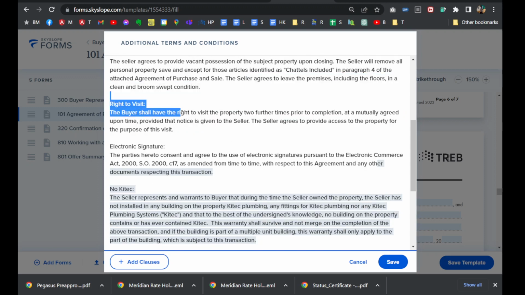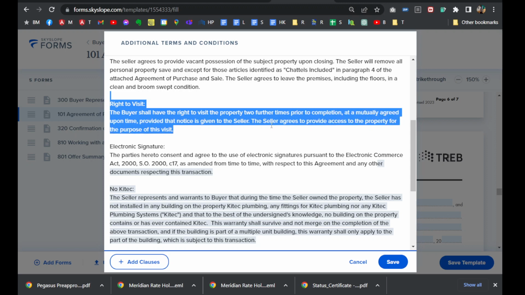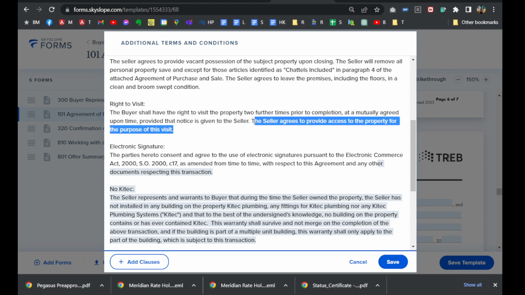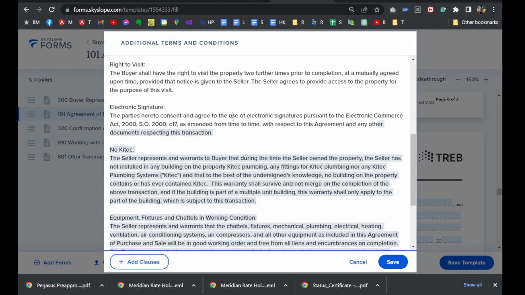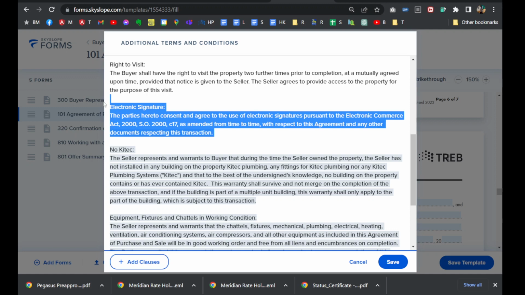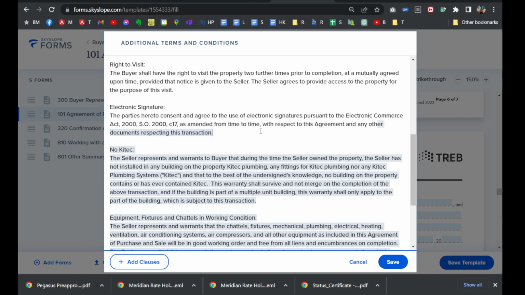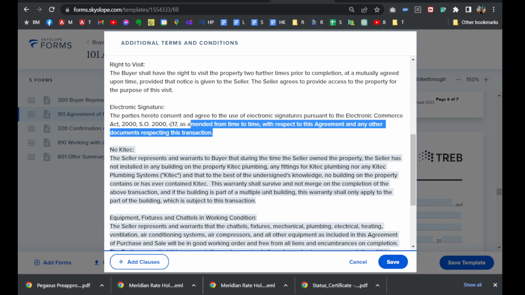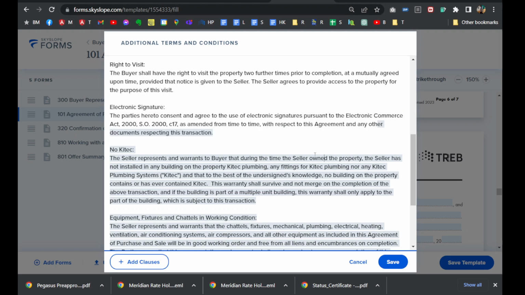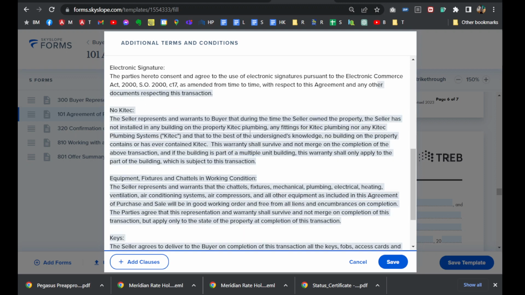And the buyer has the right to visit the property 2 more times at a mutually agreed time, and they agreed to provide access, not be difficult about it. This is a standard one. Electronic signatures. Basically, maybe 99% of real estate transactions use electronic signatures now, but this is just a clause saying that all parties agree to use electronic signatures to make it easier.